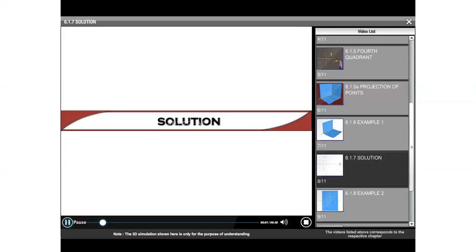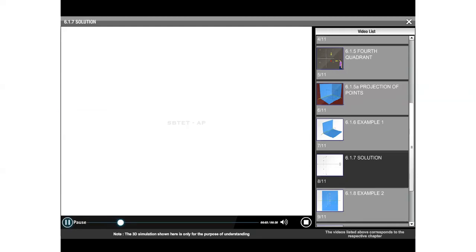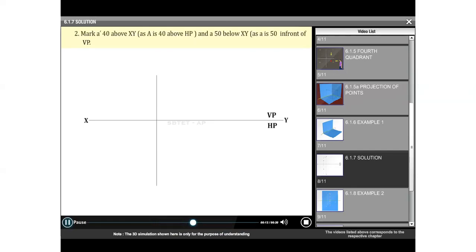Solution to example 1. Draw the XY line and a vertical projector. Mark a' 40 mm above the XY line and a 50 mm below the XY line.